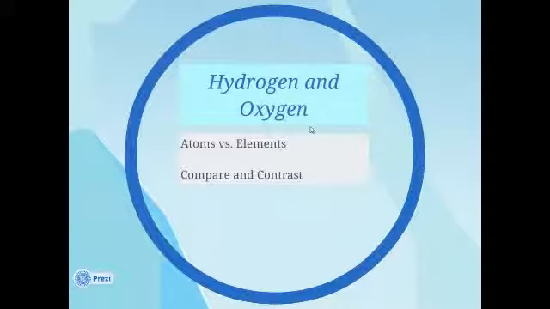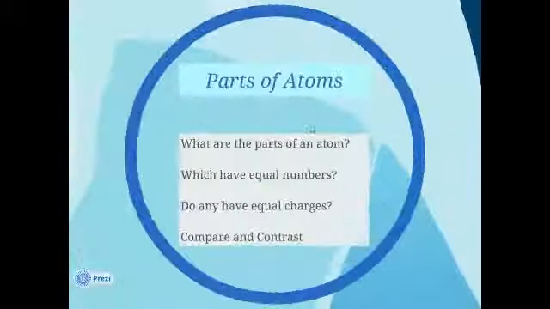Oxygen, on the other hand, has its own protons and electrons in its given ratio, and they make up its elemental makeup. And again, with these on the compare and contrast, that will be included in the worksheet that I'll create for chemistry. So now on to the parts of atoms.